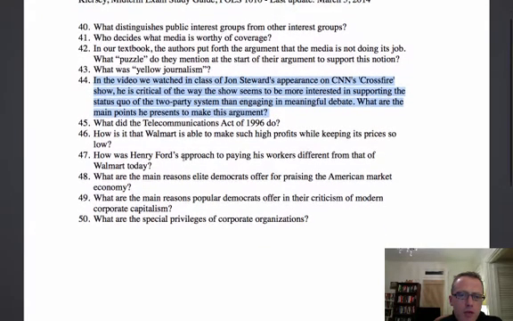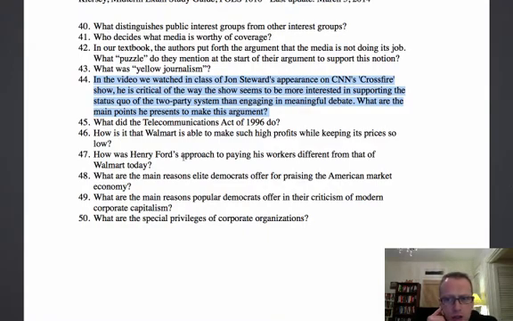Now, in the video we watched in class of Jon Stewart's appearance on CNN's show Crossfire, he is critical of the way the show seems to be more interested in supporting the status quo of the two-party system than engaging in meaningful debate. One of the main points he presents to make this argument is that it's trying to be too much like entertainment, that it is trying too hard to sell advertising, and that it's basically supporting the two-party system.